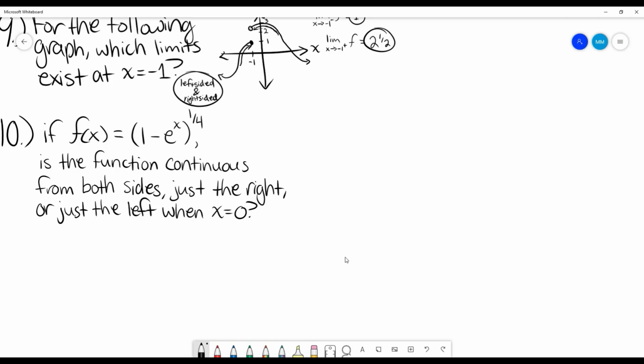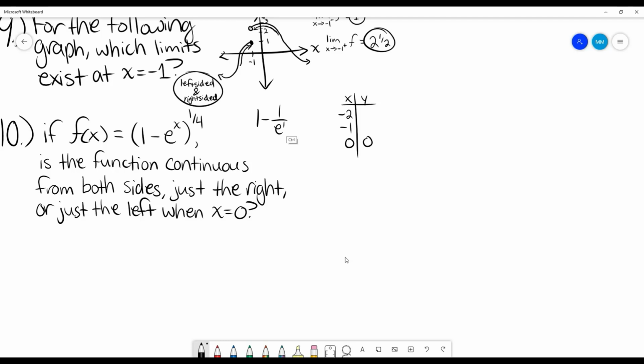So let's come up with a couple of values. So we'll start with our left-sided limit. So we'll go maybe -2, -1, and then our 0 obviously gets us 0. If I plug in a -1 for this x, I'm going to get a 1 minus a 1 over e, right?